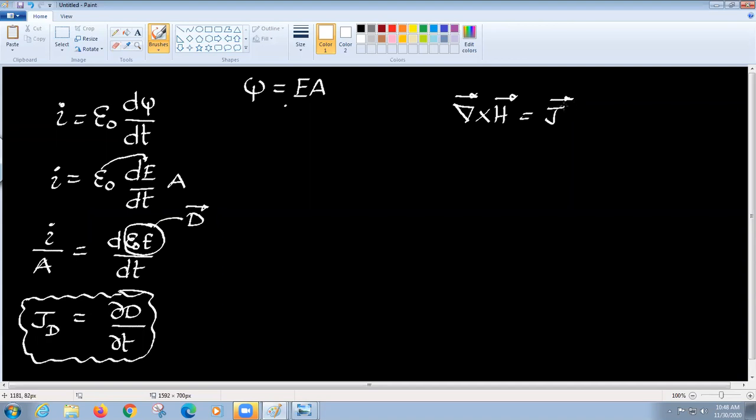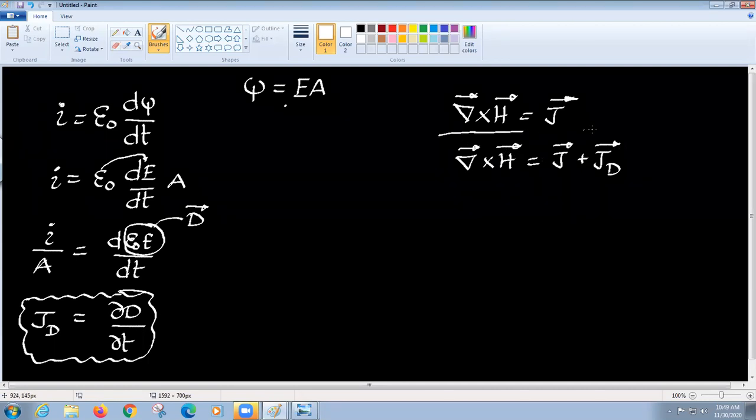Okay, and it's a clear flow if you go for time varying situations. So curl of H is equal to J. Therefore, now we understood that deliberately Maxwell added this extra term, that is JD, to keep this equation consistent.